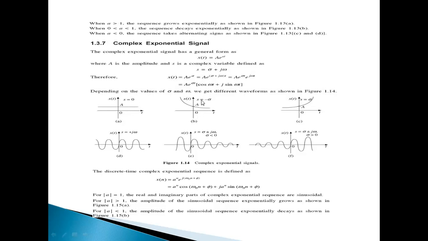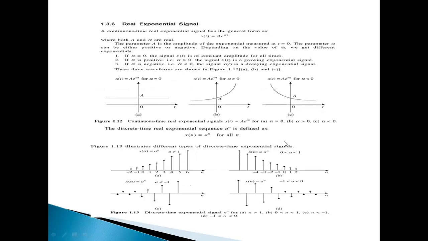Coming to s is equal to minus sigma. s equal to minus sigma means a decaying function. There is a minus value, so negative means definitely a negative exponential, a decaying function. Positive exponential is a rising function only, which we discussed earlier. For alpha positive, it is exponentially rising or growing.